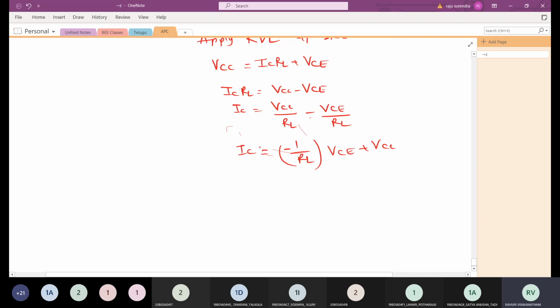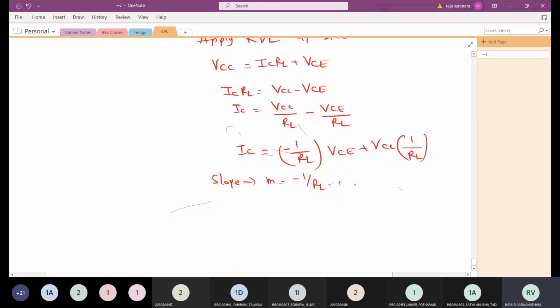So IC is equal to minus 1 by RL into VCE plus VCC by RL. Here the slope m is equal to minus 1 by RL.